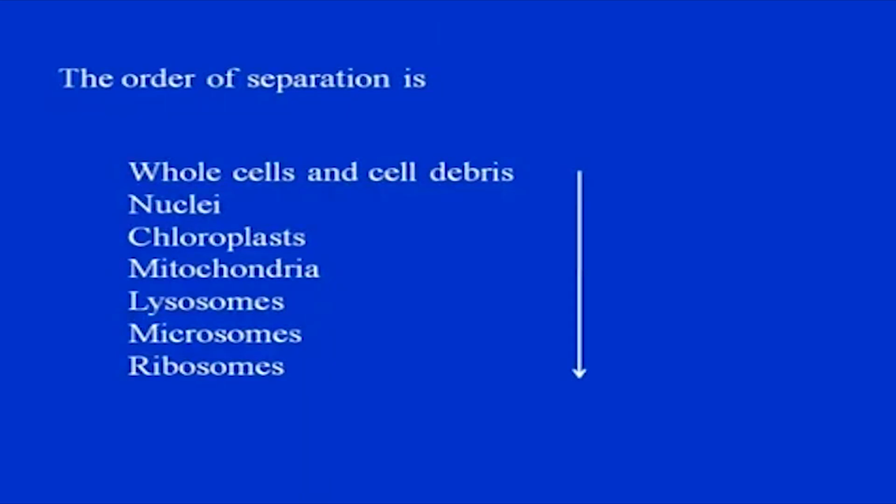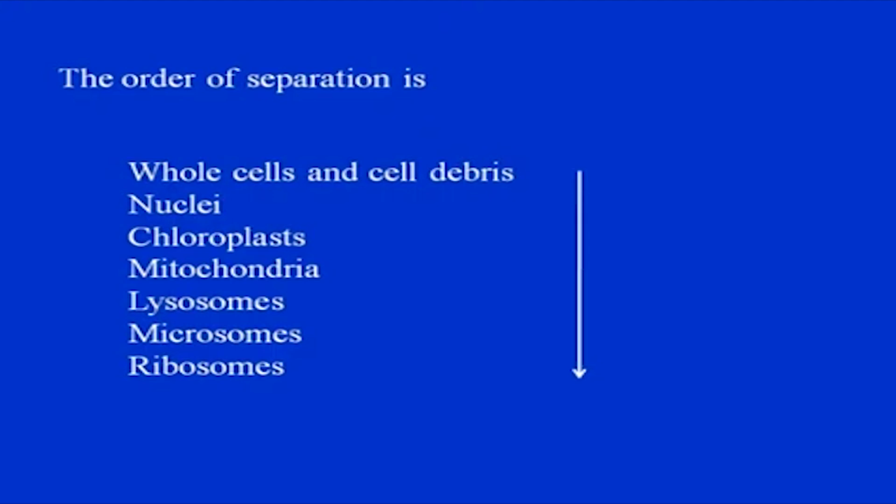If we take certain examples, the order of separation for the constituents of a cell, like whole cells, subcellular organelles and other parts, is somewhere like this: whole cells and cell debris will settle down first, and then come the nuclei, chloroplasts, then mitochondria, lysosomes, microsomes, and ribosomes.